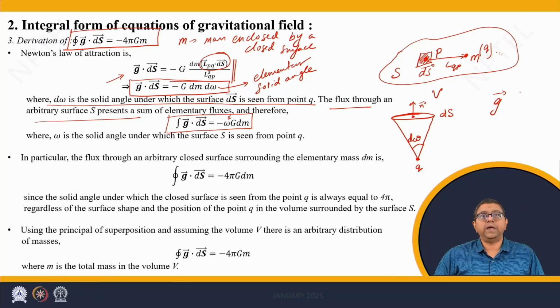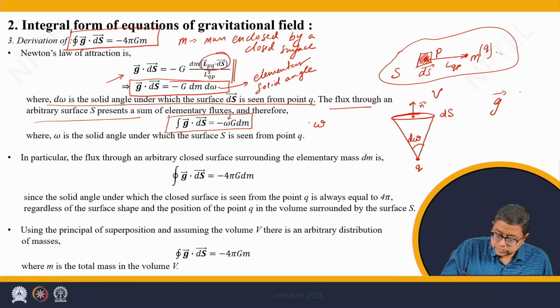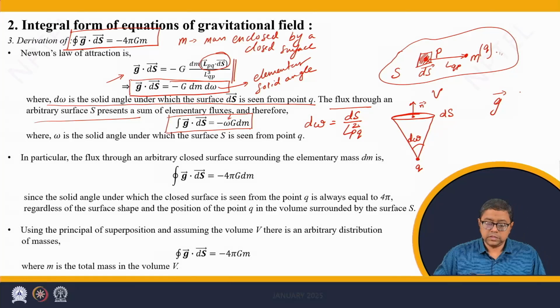We have Ω. Now Ω, as we can recall from previous lectures, is area divided by the distance between the point Q and the surface area, squared. This has been used in the previous derivation.